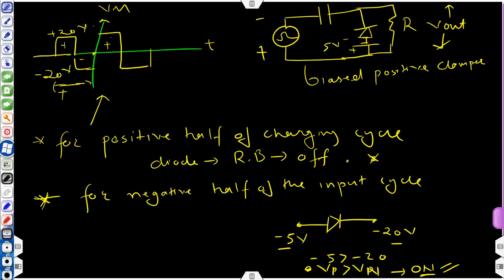Again, I am saying you will end up interpreting the wrong output. This is the charging cycle. That is what I am saying again and again. This is your given input, but you have to assume that one pre-charging cycle was given, and you have to just determine the voltage across this capacitor whenever the diode is in on state.